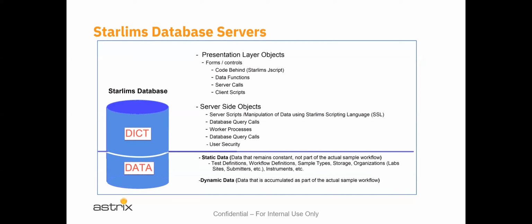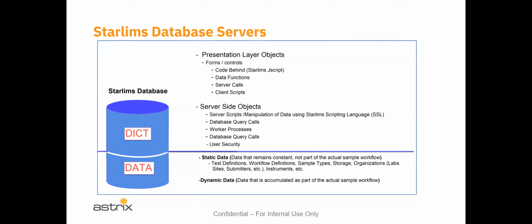On the data side, I spoke about this on the other page, there is static data, data that remains constant. It's not part of the actual sample workflow. So for example, your test definitions or workflow definitions, sample types, the storage locations for samples, the storage container types. You've got tubes, containers, and boxes, and all sorts of things.